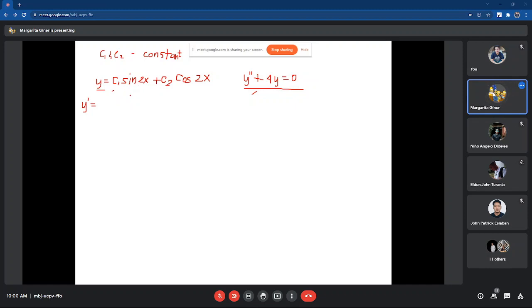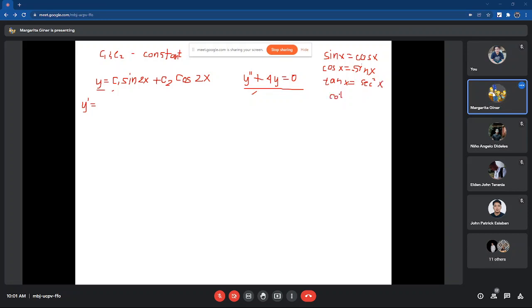All right, now remember that the derivative of sine x is equals to cosine x. The derivative of cosine x is equals to negative sine x. The derivative of tangent x is equals to secant squared x.